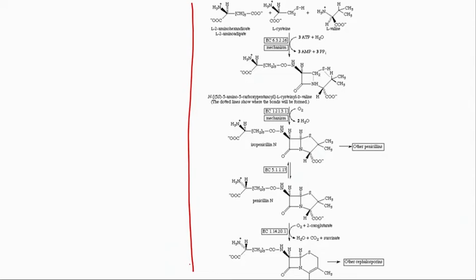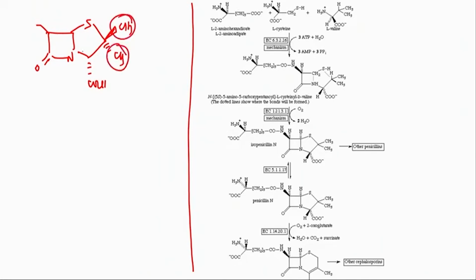Now, remember I told you that in penicillin it is extremely difficult to substitute these methyls. If you can develop a method where this can be substituted with different groups, then what happens? When bacteria are exposed to penicillin, they remember its structure. So, the next time you give penicillin, they know that there will be a methyl here, there will be a methyl here, they immediately know that this is penicillin.